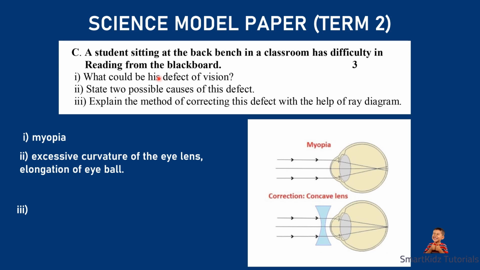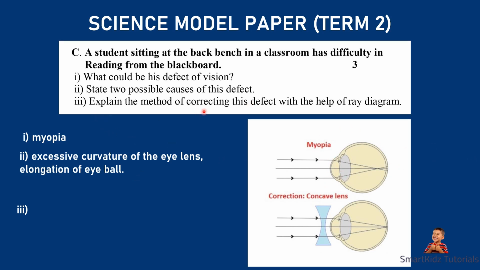That means you can see objects which are close by, like reading a book, but can't see things at a distance very clearly, maybe blurred. What are the 2 possible causes of this defect? Excessive curvature of the eye lens, elongation of the eyeball. So this is the defect that is caused.